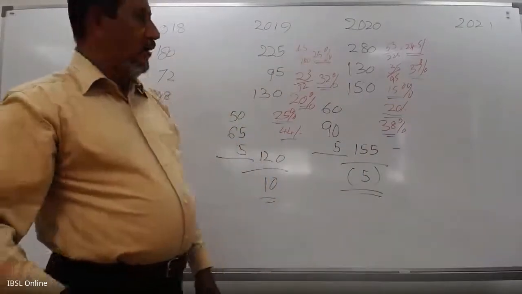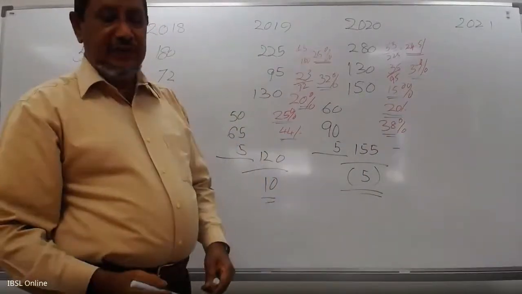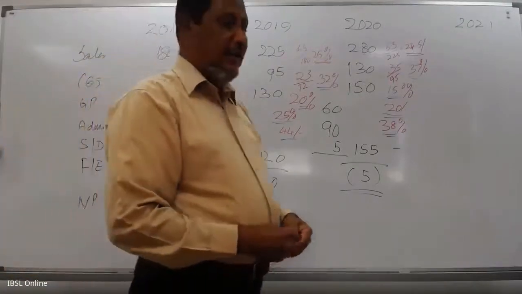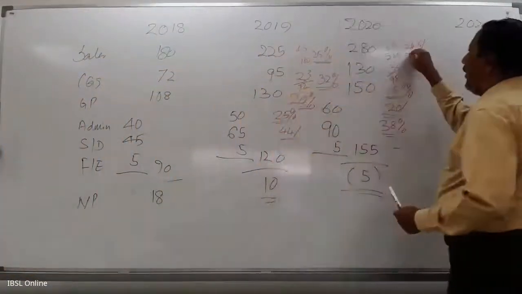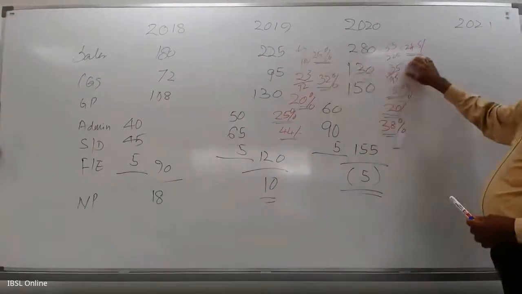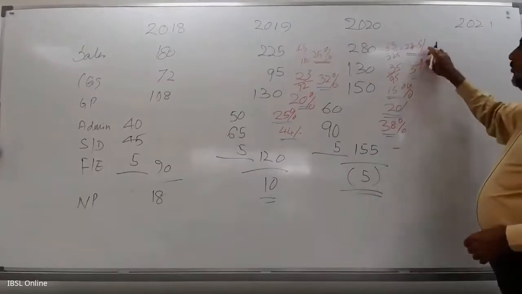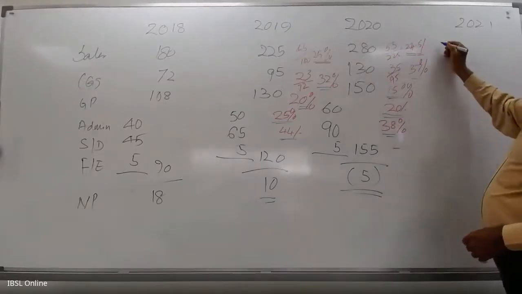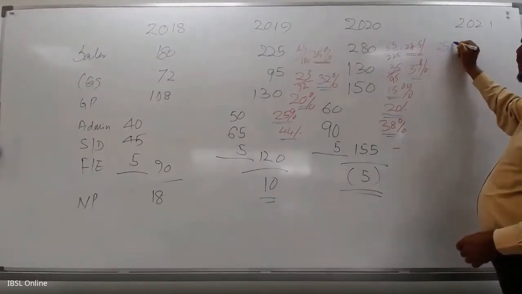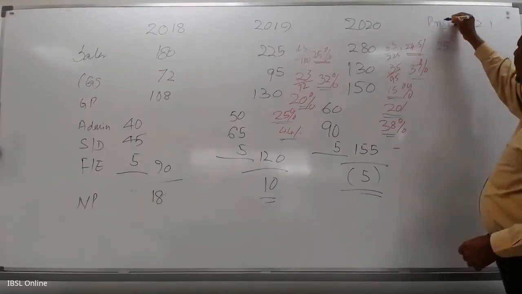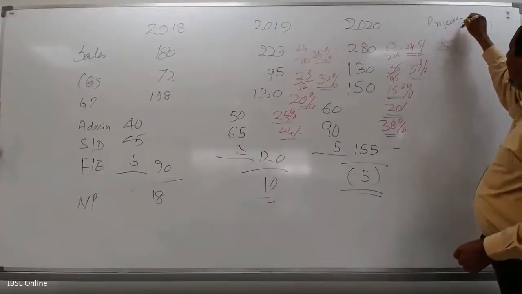Now we have to take the average of each growth rate. What is the average growth rate? For sales, 24 and 25 added together divided by 2. So 24 point something, we keep it as 25 as the projected growth rate.